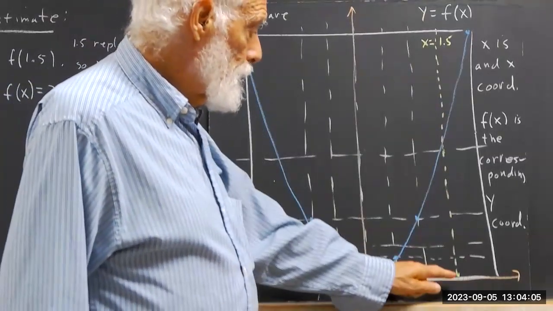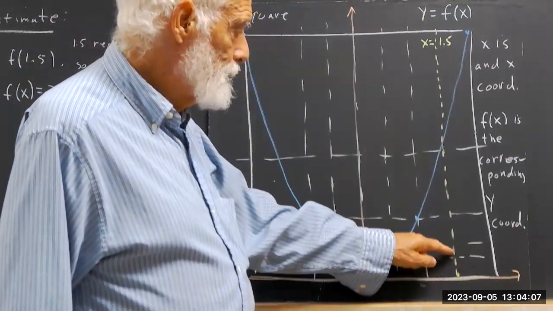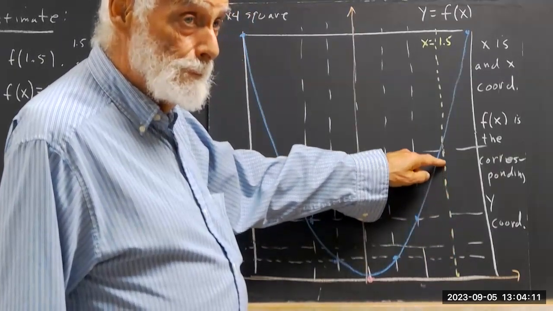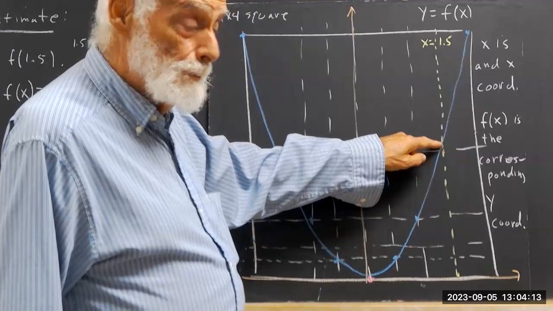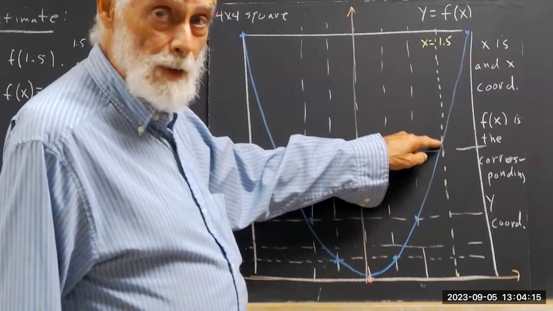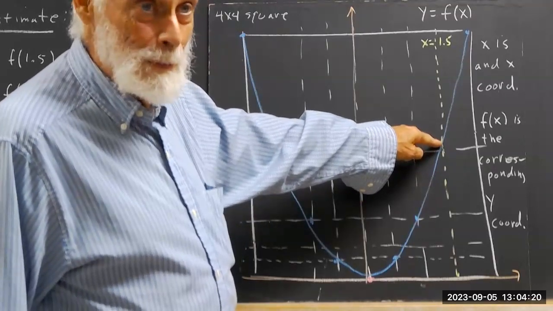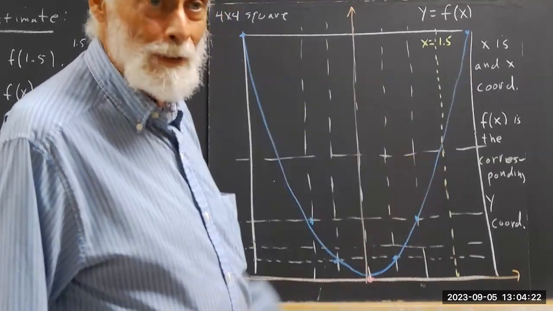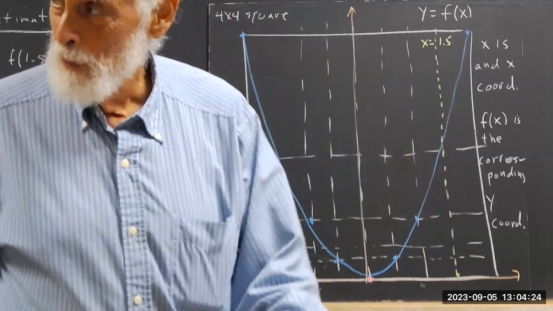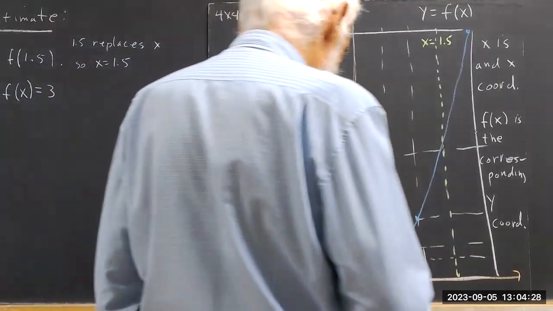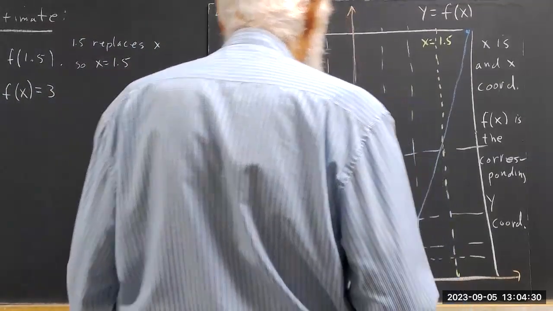Okay, so tell me where to stop. A couple of people were pointing, so I looked, and yeah, everybody should have pointed, but maybe you were just waiting for me to go a little further. Okay, I'm not sure I was quite there. All right, so here's the point where x equals 1.5.